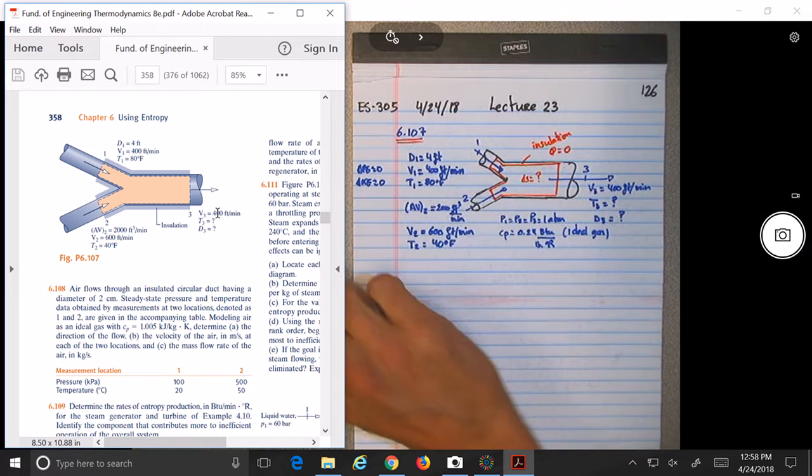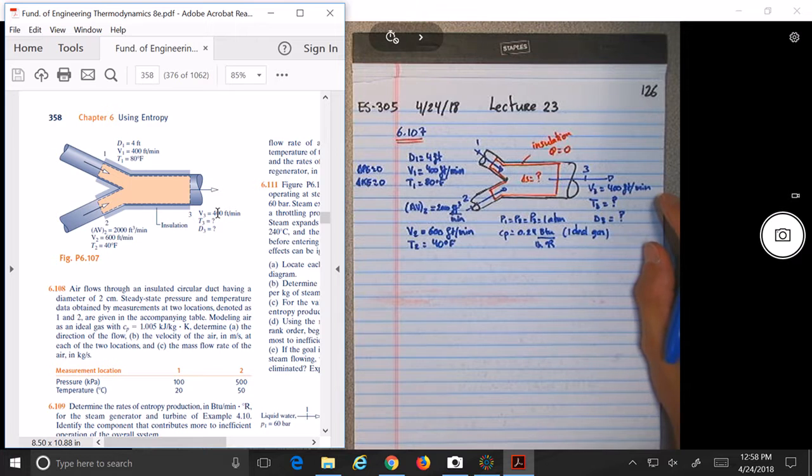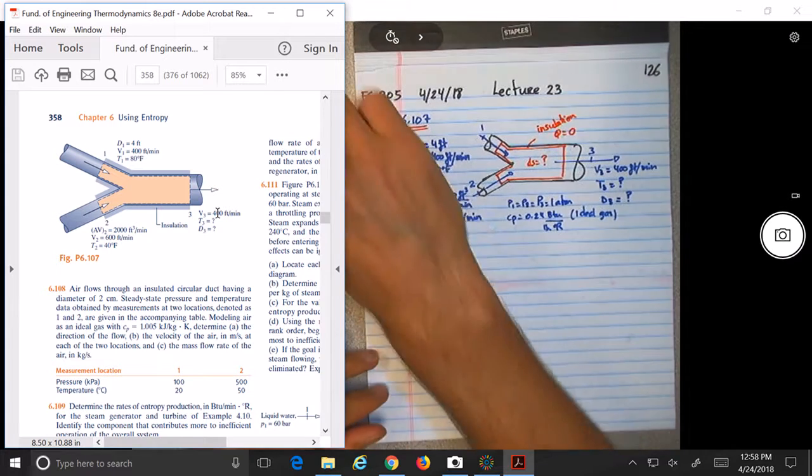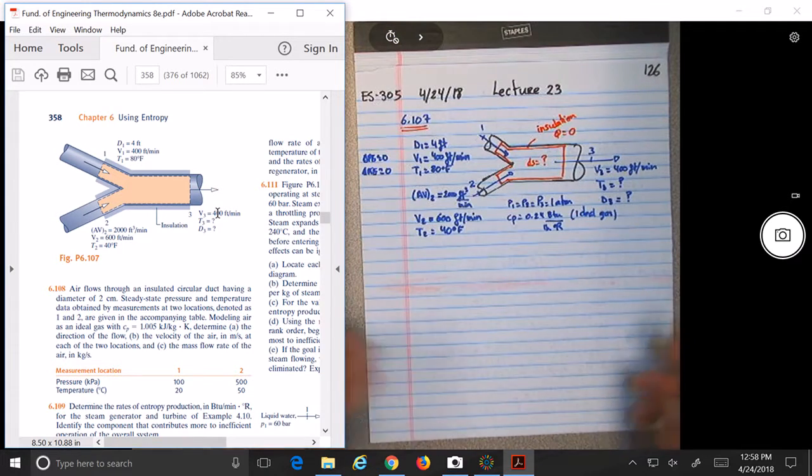Okay, what I'm looking at is that we have all the data to find the mass flows through 1 and 2. Okay, so let's see. I don't know how to do this yet.